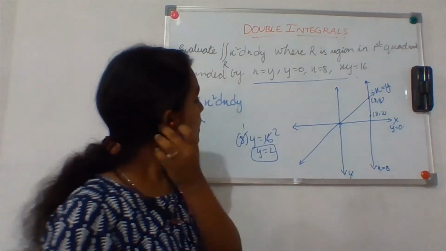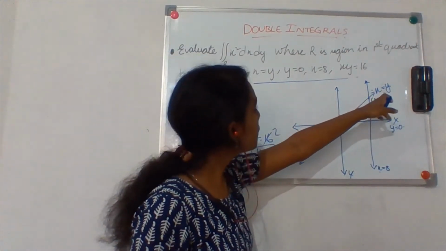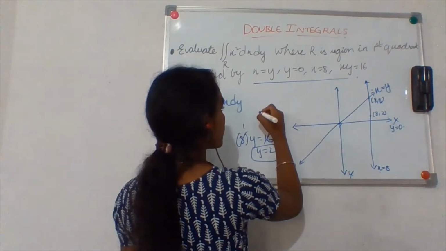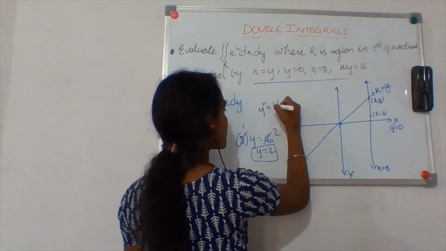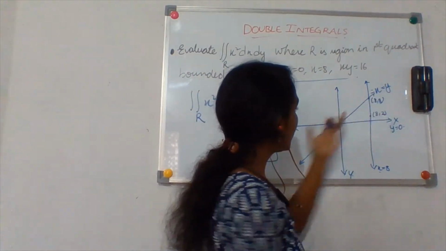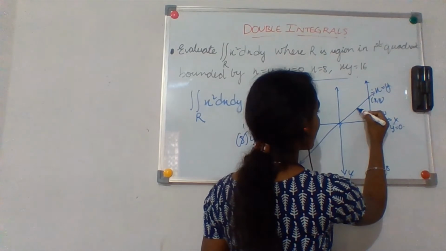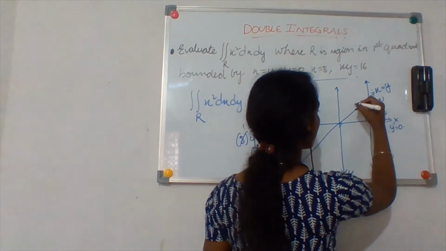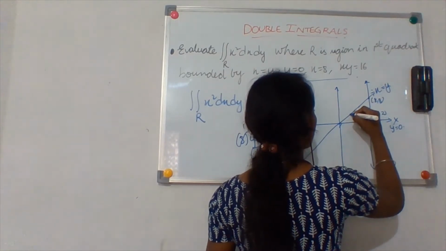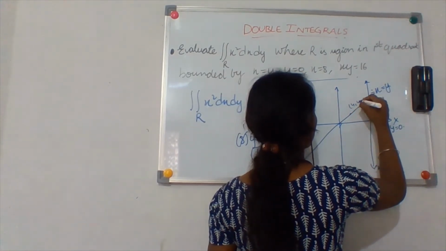That passes through this, and x is equal to y, where x is equal to y. So let me put that also there. So y square equals 16, and y will be 4. If this is 8 comma 8, then 4 comma 4 will be somewhere around here. 4 comma 4.